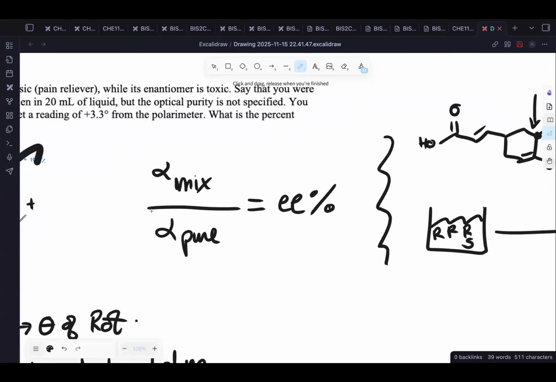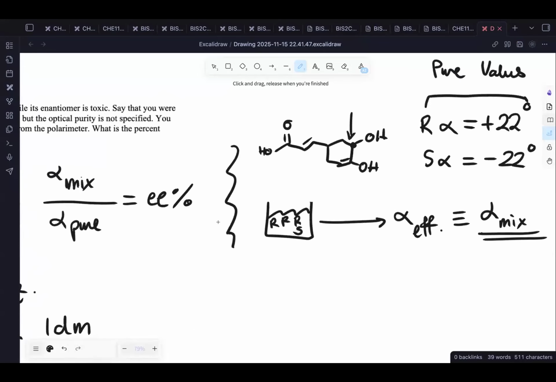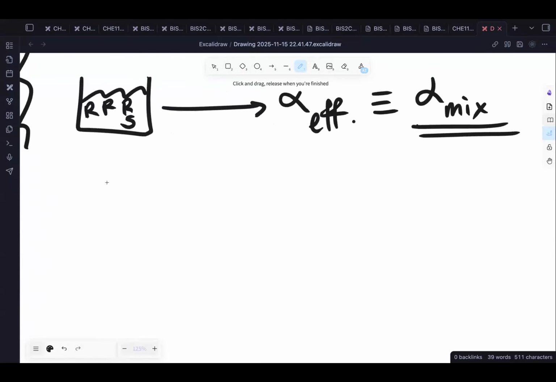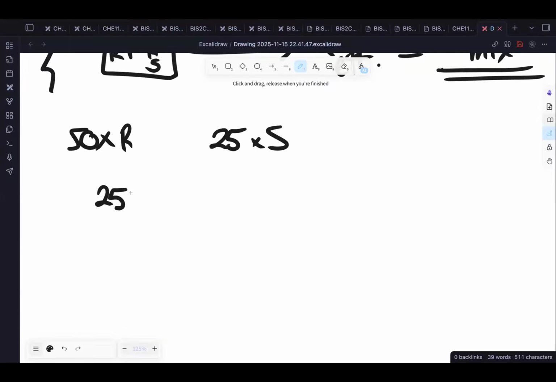In order to determine how much of each enantiomer we have, we use alpha mix and divide it by the alpha pure. Because for instance, let's say I had 50 of the R molecules and 25 of the S molecules. That means 25 of the R and 25 of the S are going to cancel each other out.